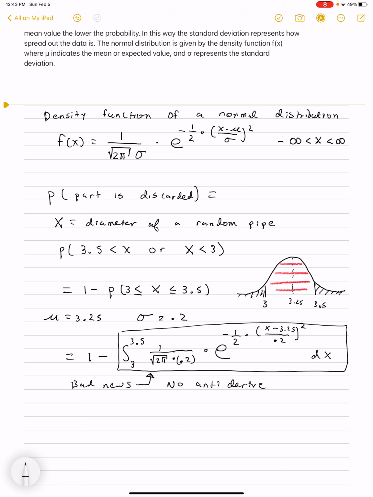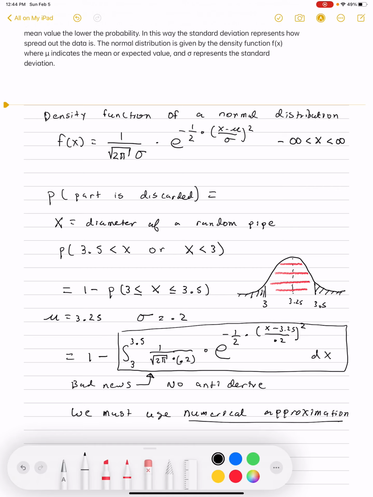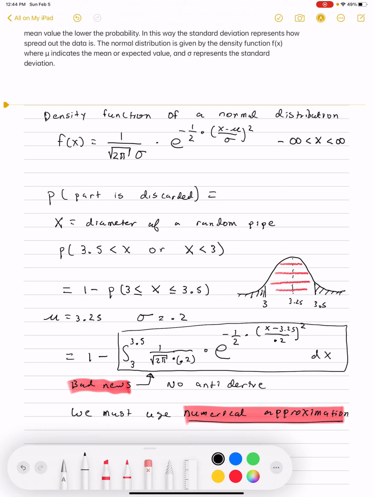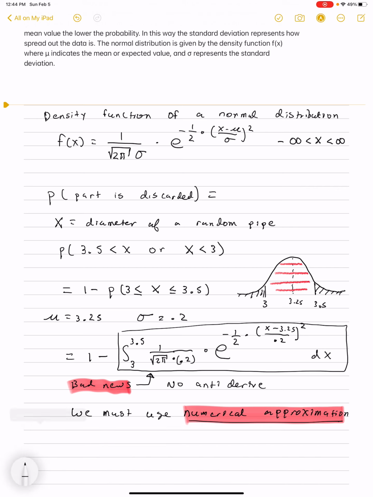So you might say, okay, there's no antiderivative. How do I calculate probability? Well, we must use numerical approximation. What's that? Well, that's things like the midpoint rule, the trapezoid rule, Simpson's rule for calculating probability.